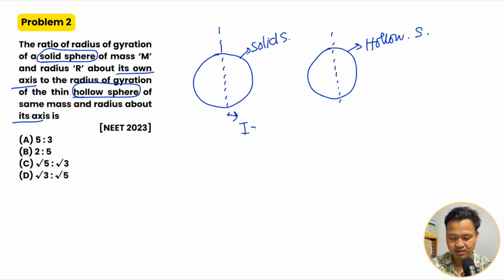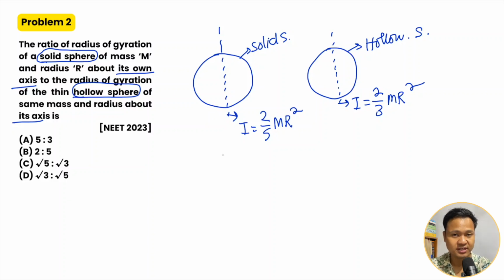For solid, I is 2 by 5 m r square, and for hollow, I is 2 by 3 m r squared. Okay, so here I have to find out the radius of gyration again. Let's say that for the first one it is k1 and for the second one it is k2. I have to equate the moment of inertia about the given axis equals to m k square.